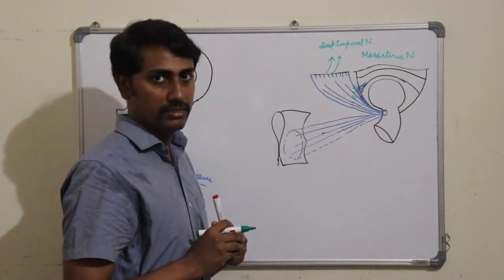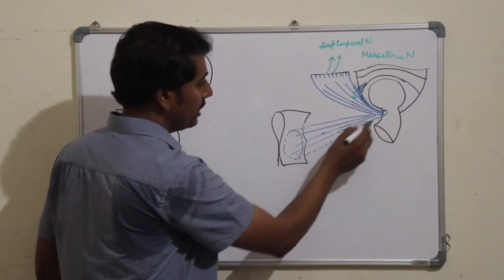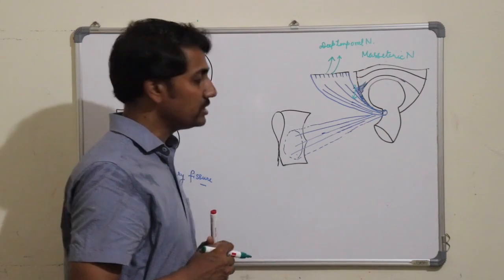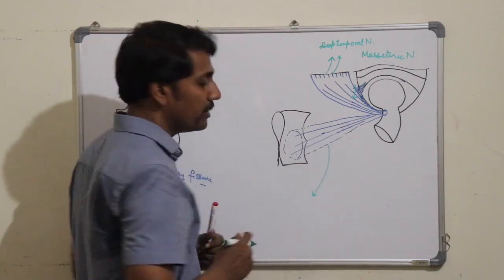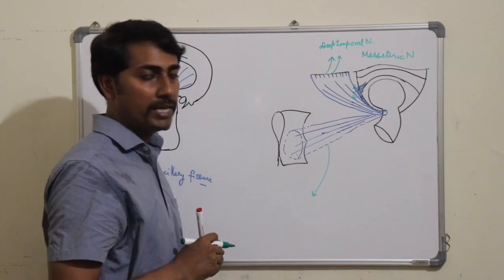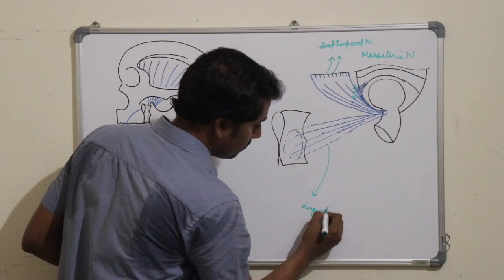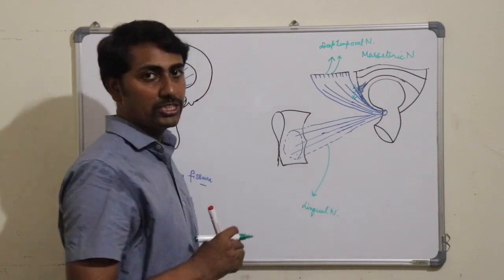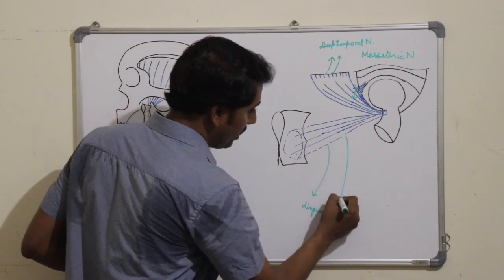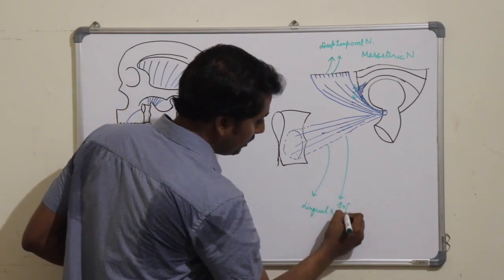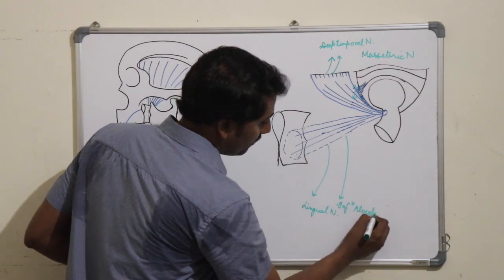The masseteric nerve will emerge from the upper border of the lateral pterygoid muscle and will supply the masseter muscle present in this region. Now, what are the structures which are emerging from the lower border of the lateral pterygoid muscle? The first structure is the lingual nerve, which is a branch from the posterior division of the mandibular nerve. The second structure is again a nerve, the inferior alveolar nerve, which is again a branch of the posterior division of the mandibular nerve.